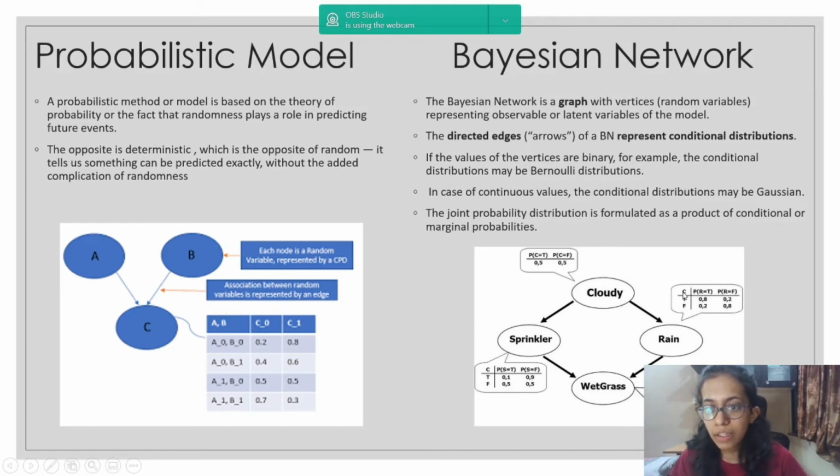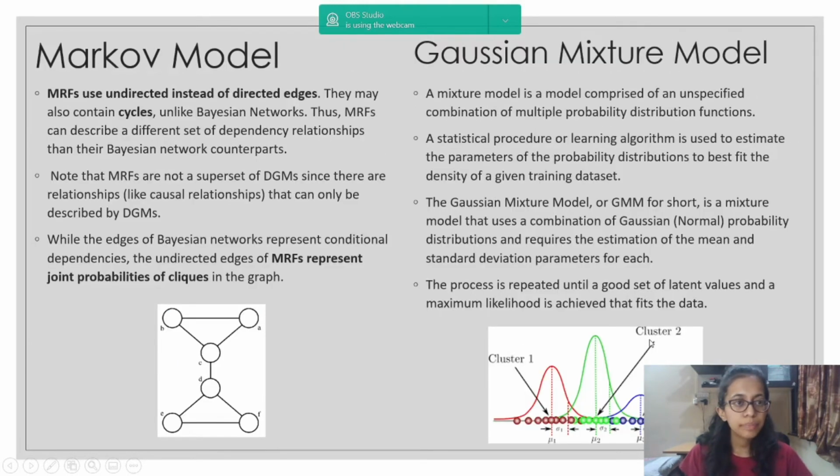So if you can see here, cloudy being true and it being rainy has a value of 0.8. Cloudy being true and rainy being false has a value of 0.2. So we have used a product to find the probability of rain. Similarly, we use sprinkler, cloudy and rain to find the probability of the grass being wet. And you can see the table here. So that is Bayesian network.